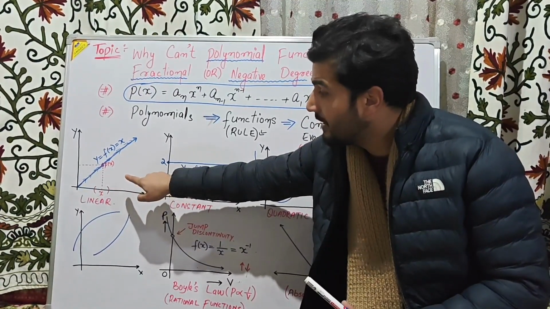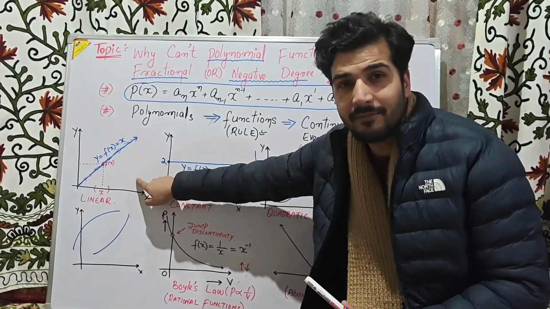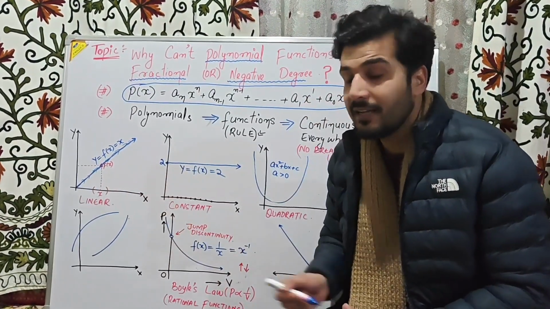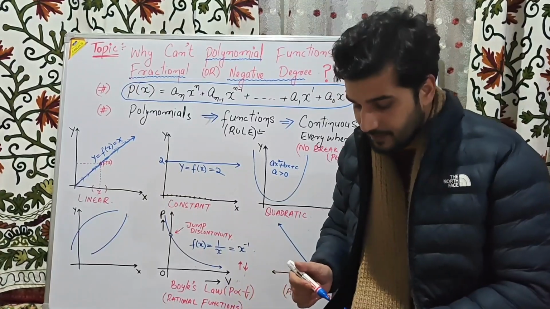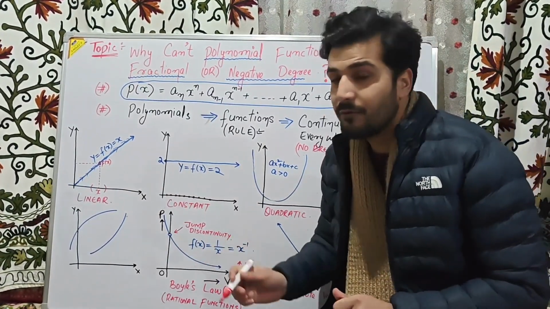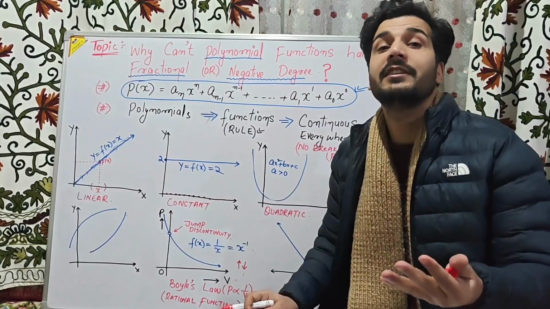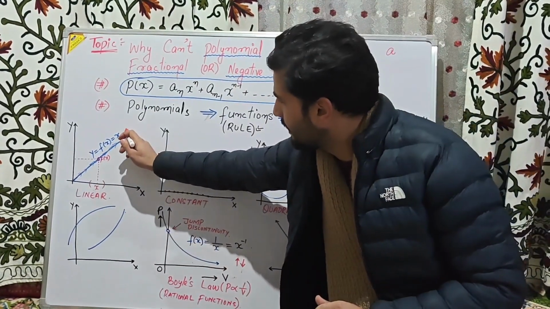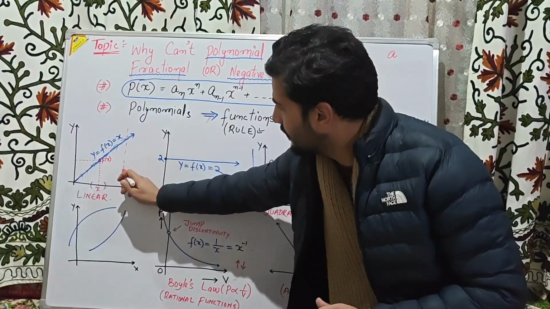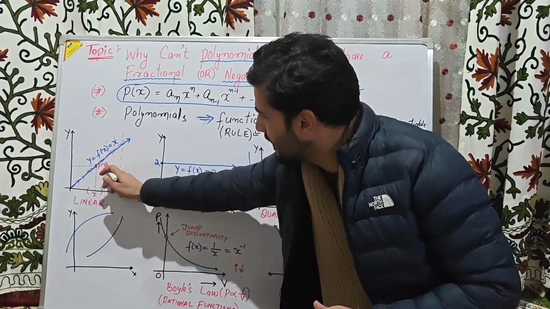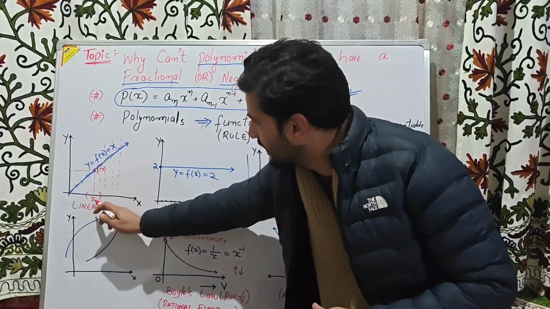So this linear polynomial is a function. How is it a function? We can also show it by the vertical line test. If we have to prove whether the given relation is a function or not, we can apply the vertical line test. From the vertical line test, we mean that it is a function.